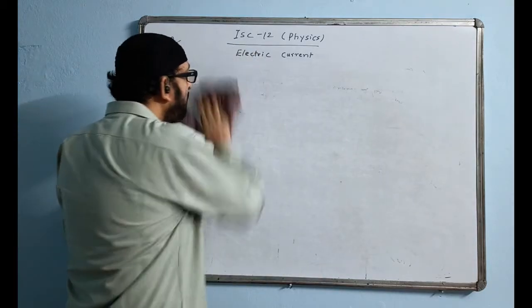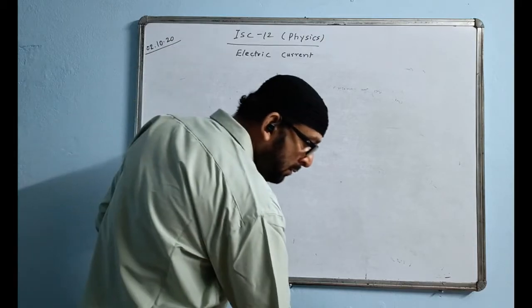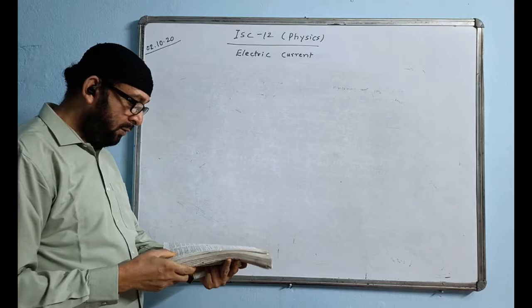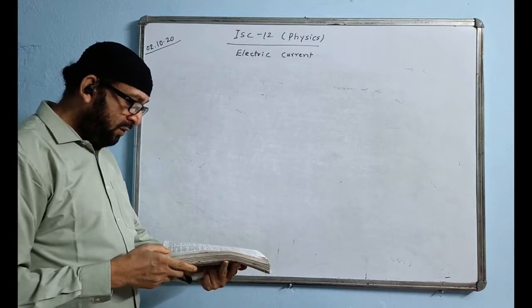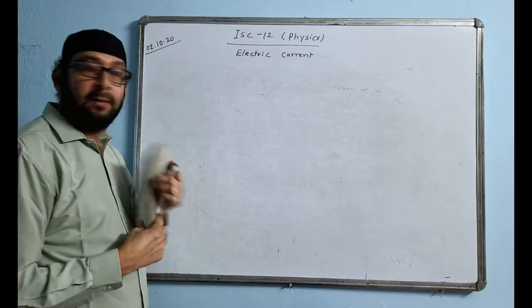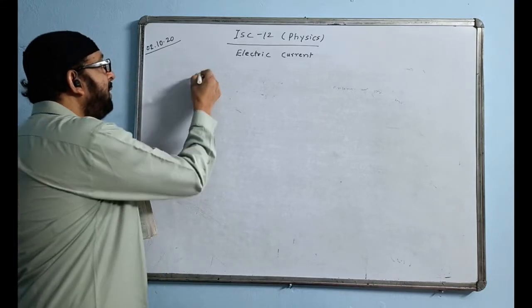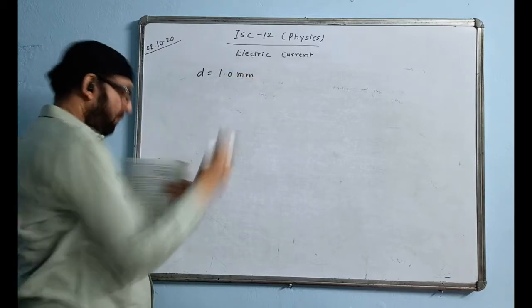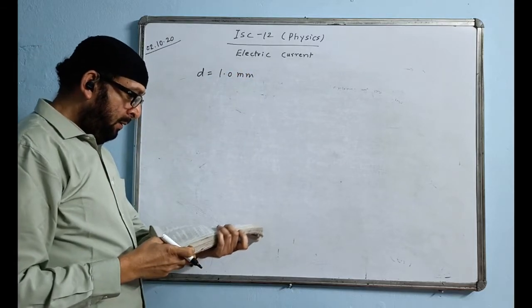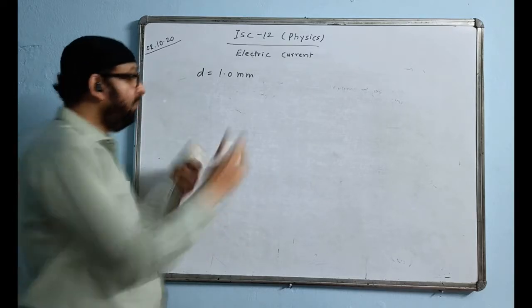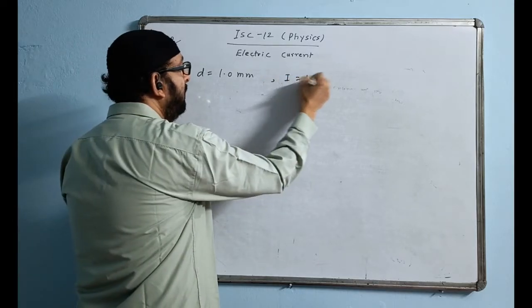Now one more question on this we will do, and then this chapter will be over. The question says: a copper wire of diameter 1 millimeter carries a current of 1 ampere. Its I value is 1 ampere.